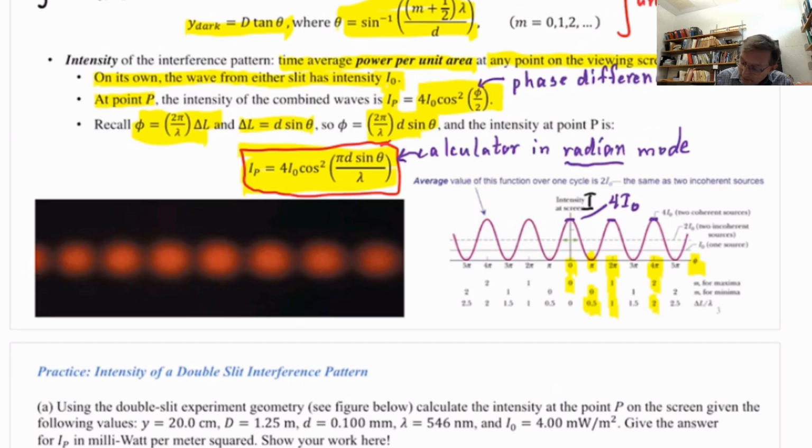The next dark fringe right here again has an intensity of 0, corresponds to a phase difference phi of 3 pi radians. The m is 1 for the minima, and the path length difference is 1.5 wavelengths, and so forth. Okay? So the intensity smoothly varies from maxima intensity, 4 I0, to minimum, 0, and back and forth.